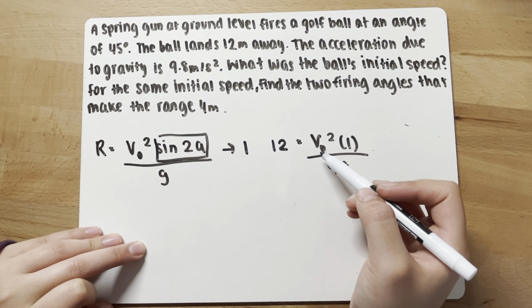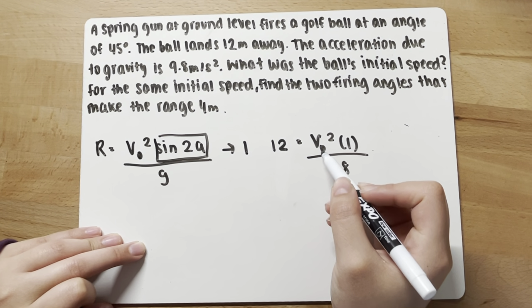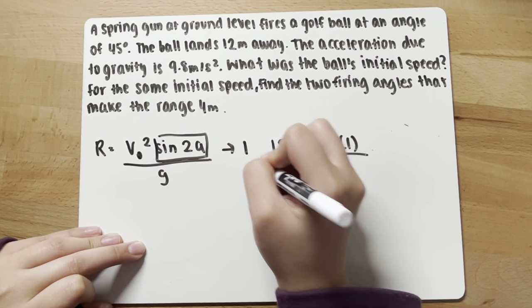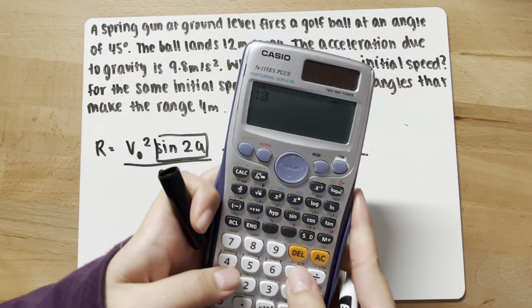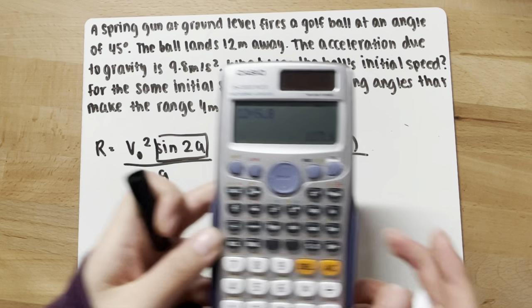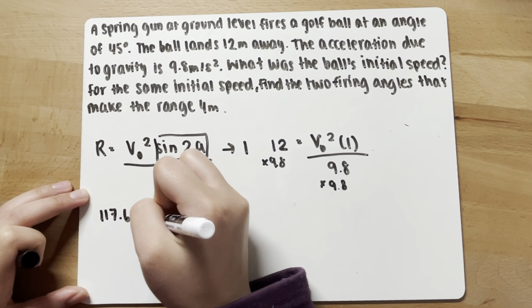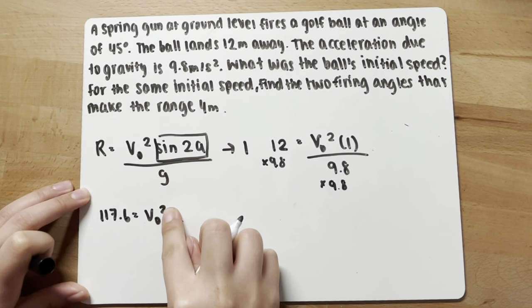To find the ball's initial speed, we solve for initial velocity. So multiply 9.8 by both sides. 12 times 9.8, you get 117.6. So 117.6 equals initial velocity squared times 1, which is the same as initial velocity squared.